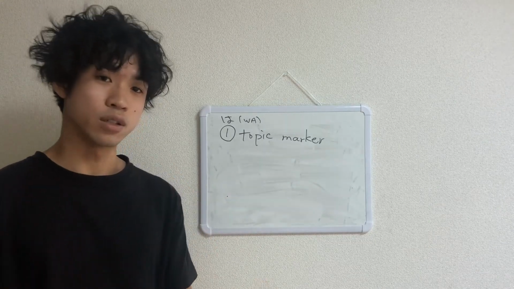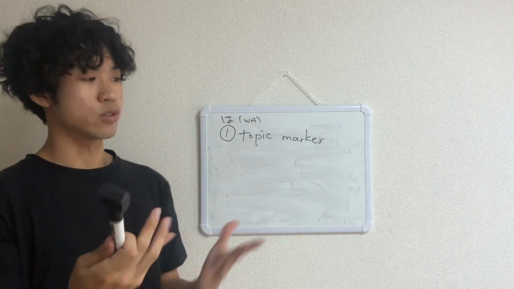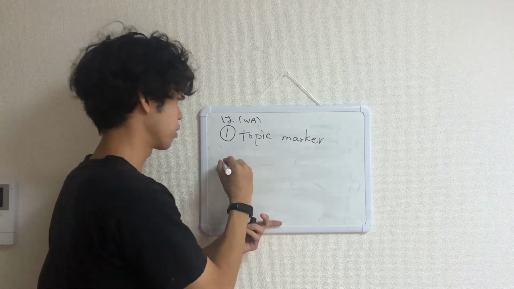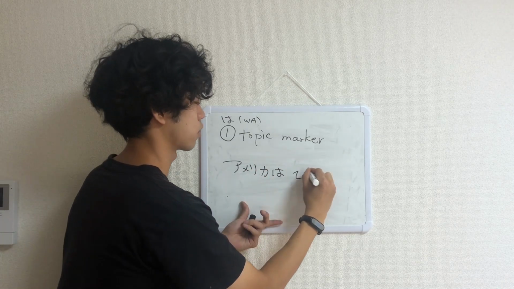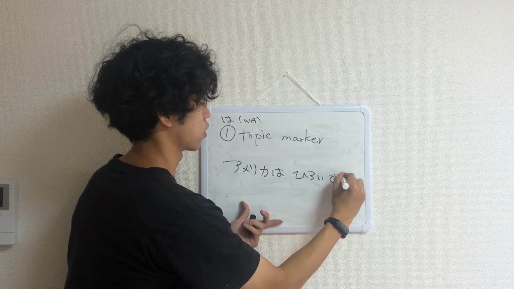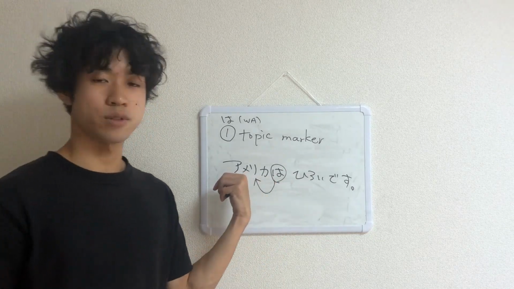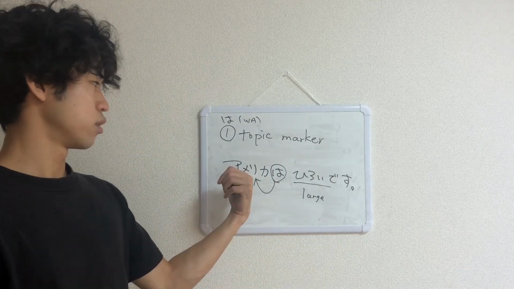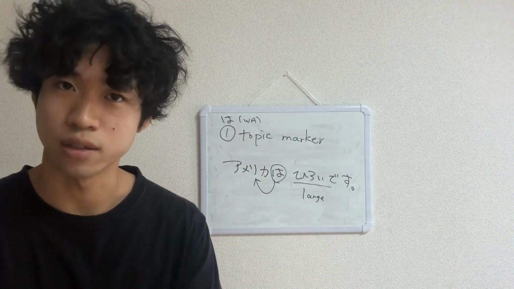As a speaker, if I use wa in a sentence, I assume you know. So, example is like, アメリカは United States of America 広いです。Okay, so wa, as for the States, as for the United States, it's large. So I'm assuming you know what America is. That's a country. You know it.